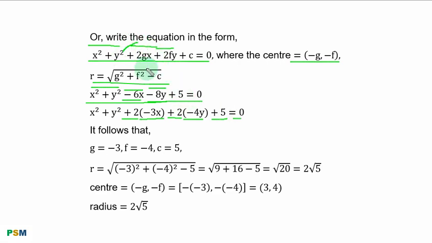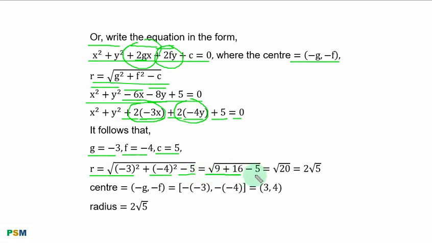You equate this term to this term. 2 we cancel 2, x we cancel x. You are left with g here equal to minus 3. You have it in this form. f is equal to minus 4 when you equate this term to this term, and c is equal to 5. Therefore, the radius is equal to the square root of g^2 + f^2 - c.